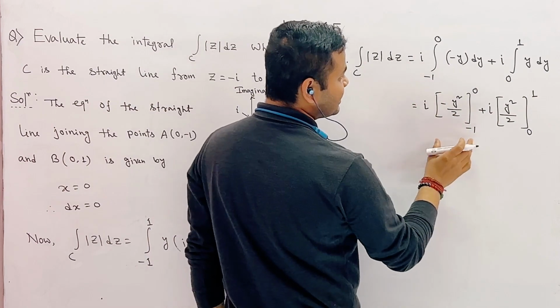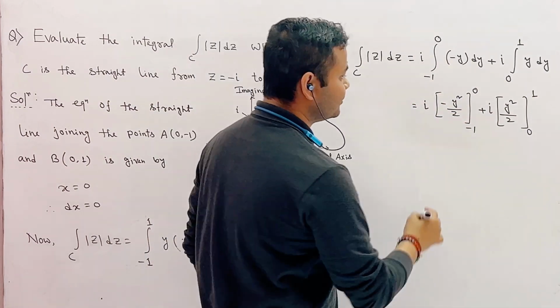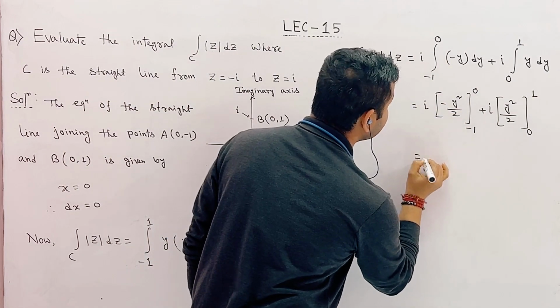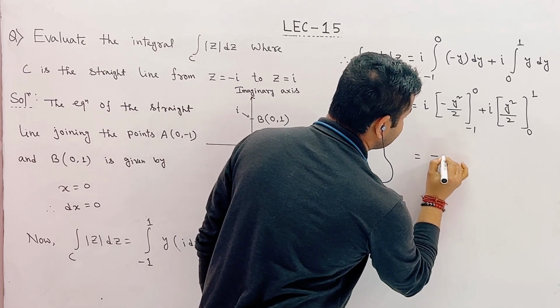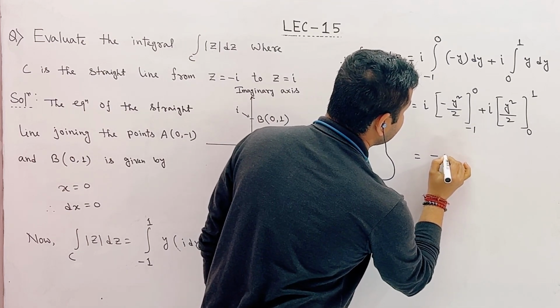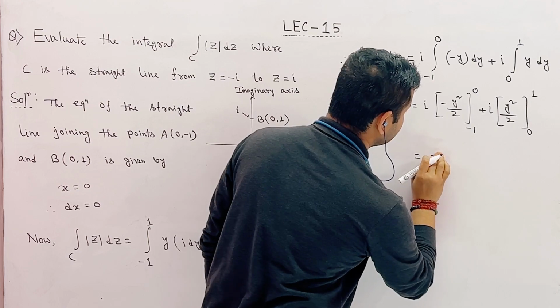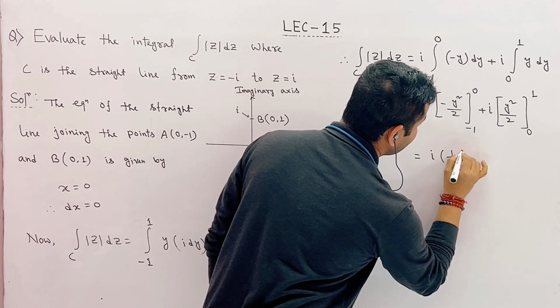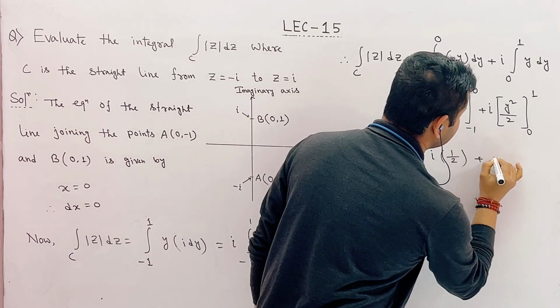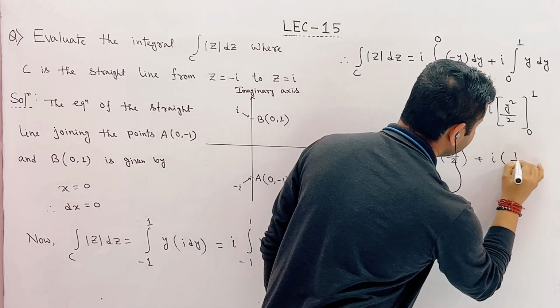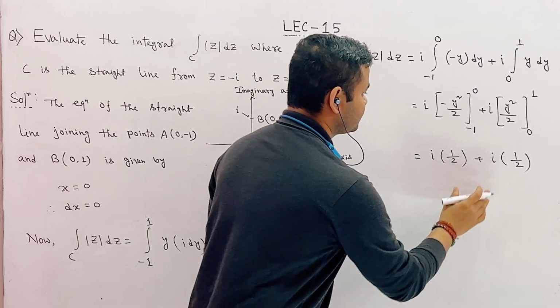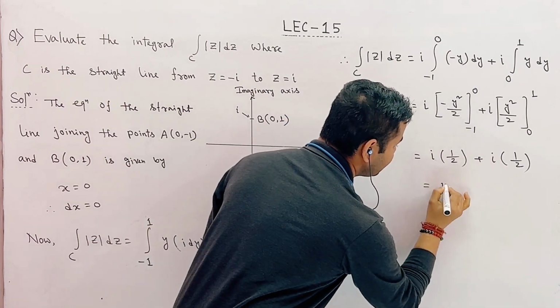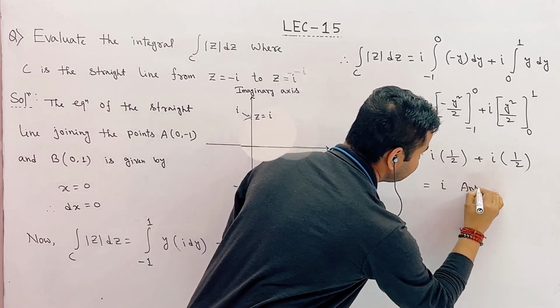So after putting the limits, we will get minus iota into 1 by 2 plus iota into 1 by 2. So after simplifying, we will get iota, which is the answer.